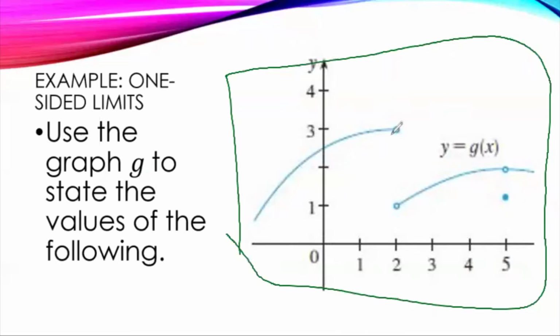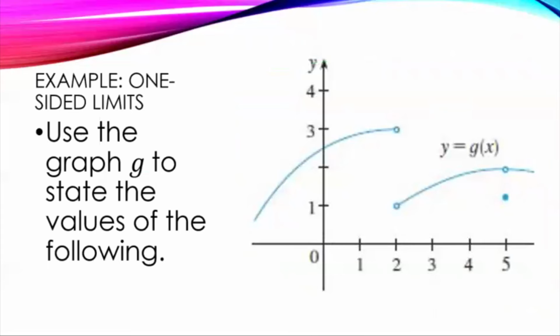There is a gap or jump here, and also here. Given this graph, we can determine the values of g at a specific value of x, or we can also determine the limit of g as x approaches a specific value. For example, let's have an example.